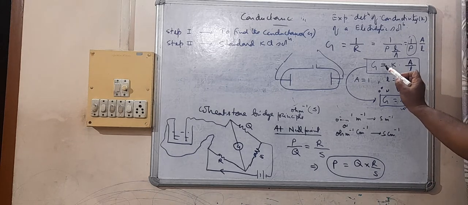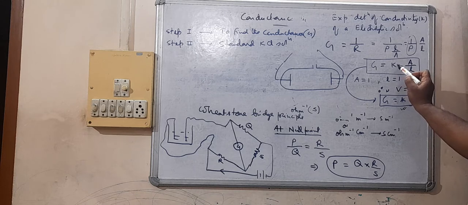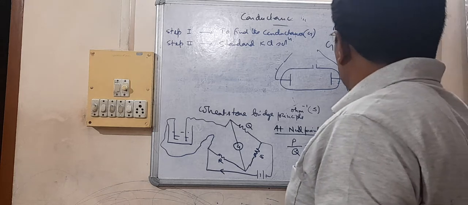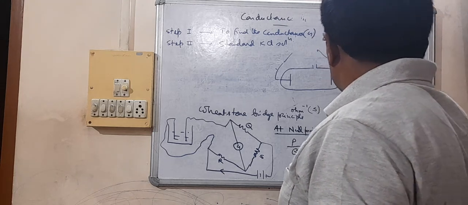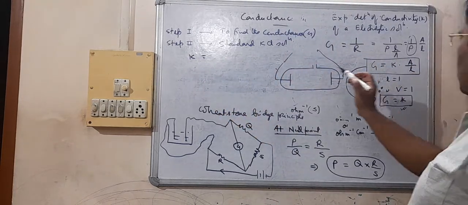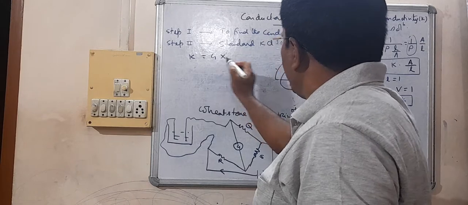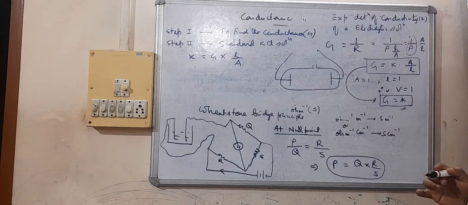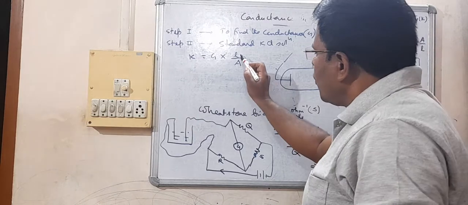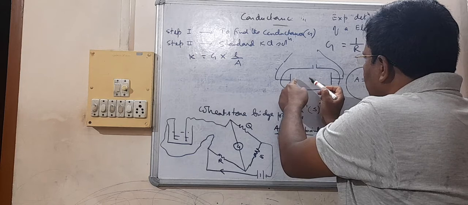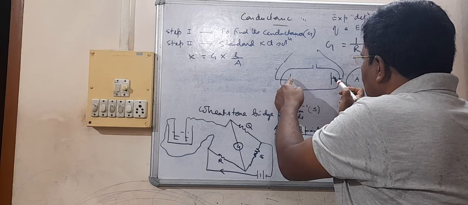We are trying to determine conductivity. If we rewrite this relation, it becomes conductivity K is equal to G into L by A. Now, what is L here? It is the length between the electrodes.